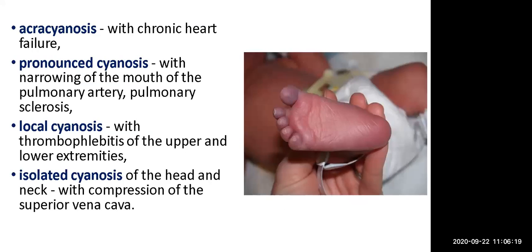Then also, with the heart disease, you will see these conditions. What you will see? Look at this. You can have acrocyanosis. What is this acrocyanosis? With chronic heart failure it occurs.